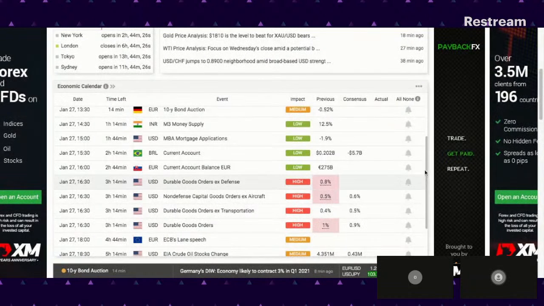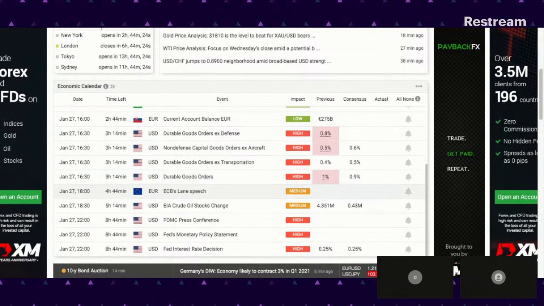Let's see if there's another one. Yeah, we have the Federal Open Market Committee. It is the committee that determines the interest rate. So already they have sat, so it's just going to be a conference. At this time, we experience a lot of liquidity.